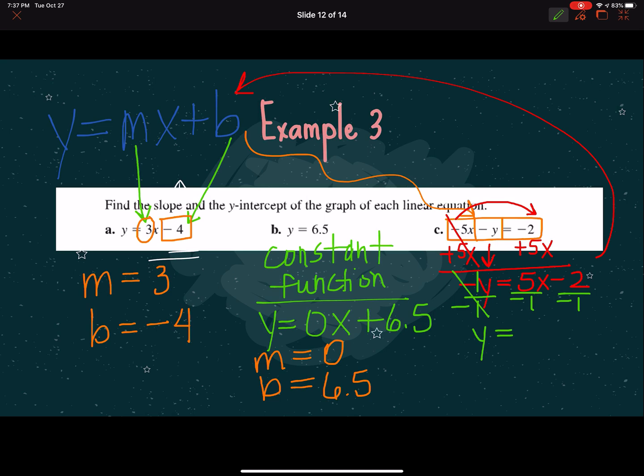So this 5x now becomes a negative 5x, and this negative 2 now becomes a positive 2. Now I have my equation in slope-intercept form, and I can easily pick out my slope, which is in the place of m, negative 5, and my y-intercept, which is in the place of b, and it's a positive 2.